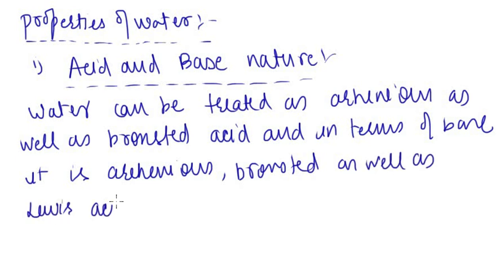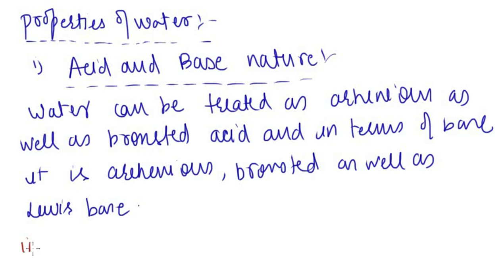It can't be a Lewis acid because it doesn't have any empty orbital, but it can act as a Lewis base because it has a lone pair. All the definitions we have seen previously, right?